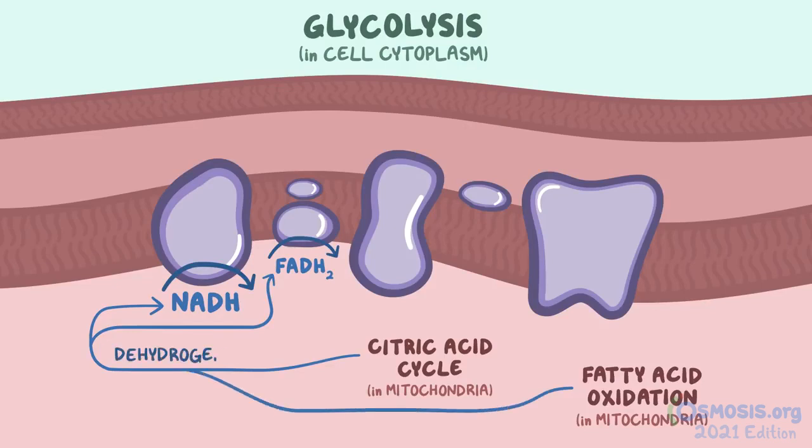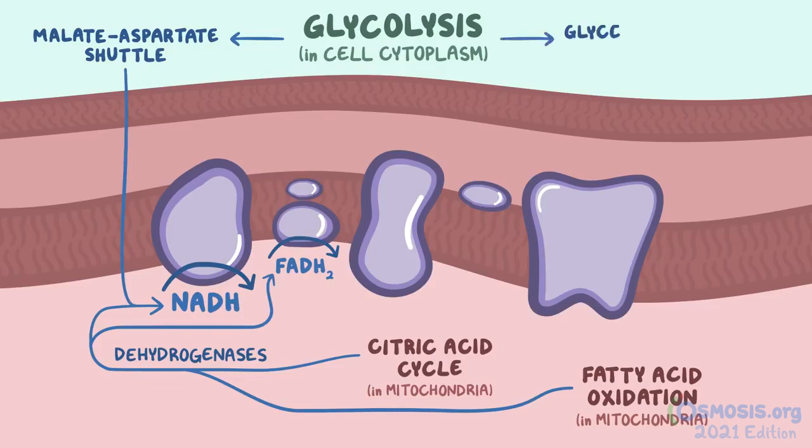Enzymes called dehydrogenases help generate the electron-rich NADH and FADH2. And when those molecules are coming from the cytoplasm, they can only enter the mitochondria using a specific shuttle. When using the malate aspartate shuttle, electrons enter the electron transport chain as NADH. But when using the glycerol 3-phosphate shuttle, electrons enter the electron transport chain as FADH2.